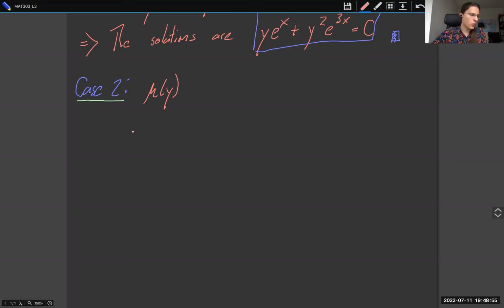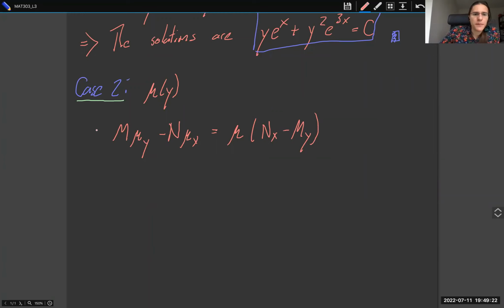Well, let's go back to our equation for an exact differential equation. It was m mu y minus n mu x is equal to mu times nx minus my.